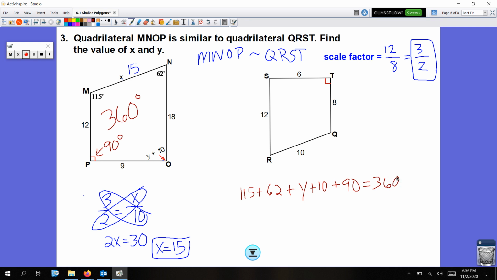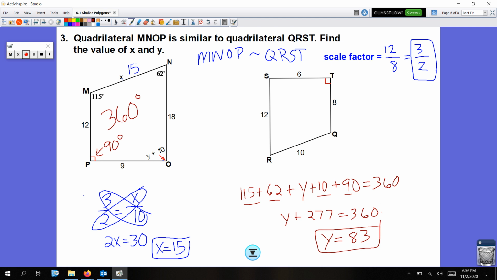Okay, I'm going to combine like terms, right, all these terms when I bring them together. So you should have y plus 277 is equal to 360. Subtract 277 and you get y is equal to 84.